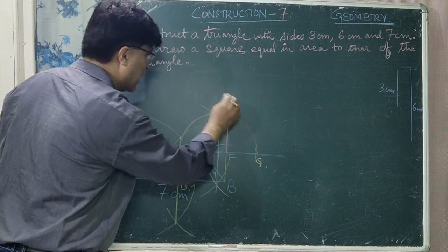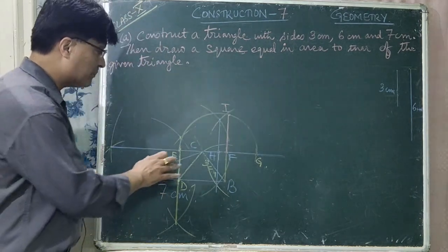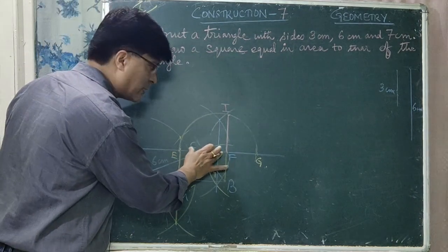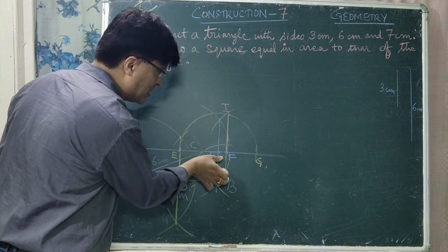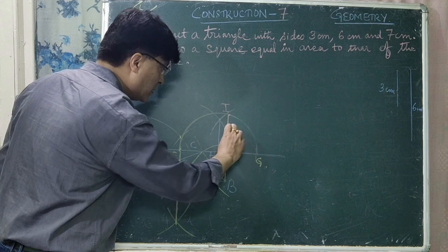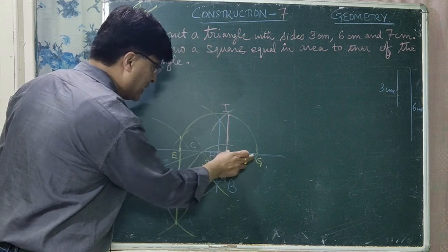I point. So EF is one of the sides of the rectangle, this FG is one of the sides of the rectangle. This FI will be the mean proportional between EF and FG.